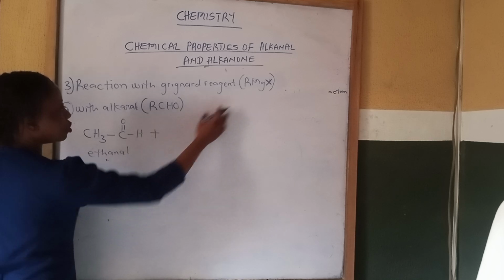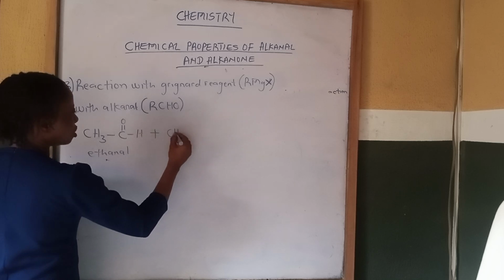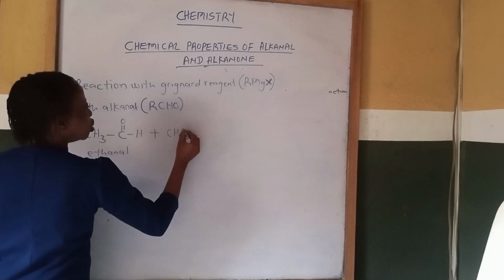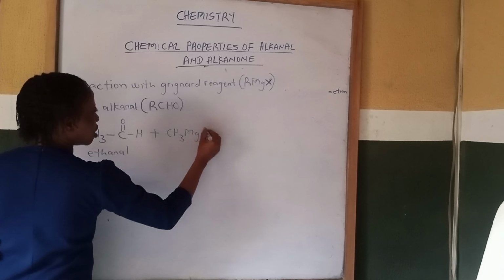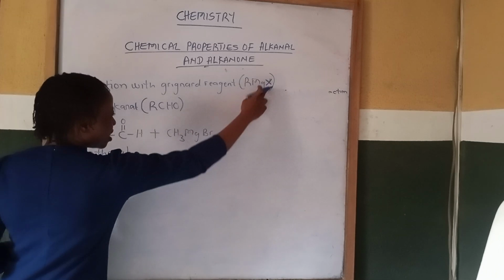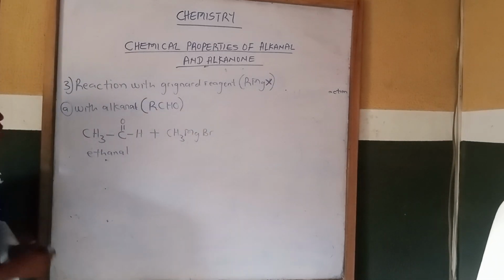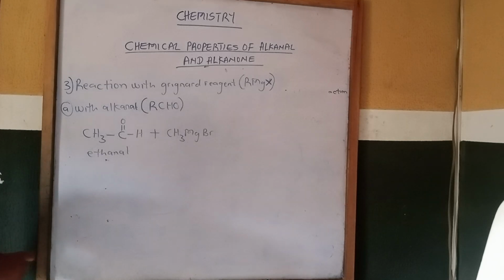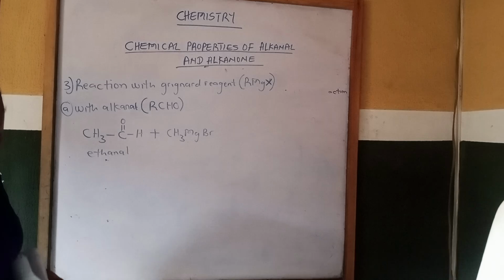Ethanal reacting with your Grignard reagent. So I'll use CH3MgBr, since this X can be any halogen, Br. So let's look at the product formed. How are we going to form our product?